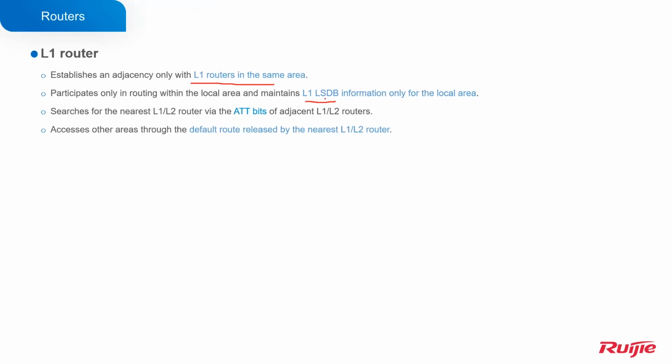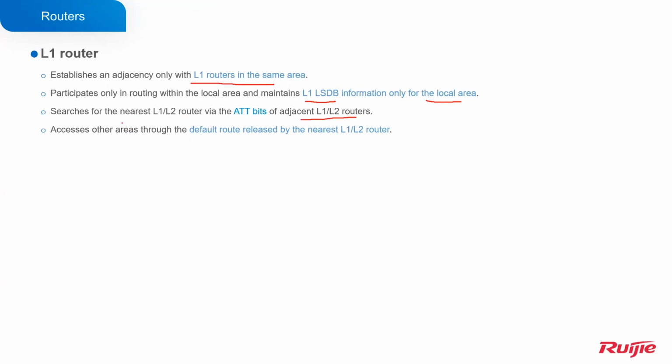And in the LSDB, we only have the detailed link status for the local area. It is very similar to a specific area in OSPF. We only have the detail in my region, but how to reach the other areas, right? We will ask help from our level 1 and level 2 router.